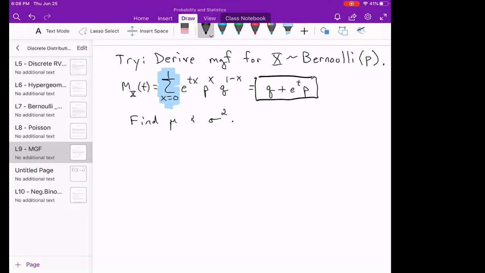Miku, what did you get? Not what other people got. So I got P for the mean. That's right. And Tony, you are on the right track. Remember that after you get the first derivative, you have to evaluate at t equals 0, and you'll get the same thing that Miku just said. P and Q are constants, where Q is 1 minus P.